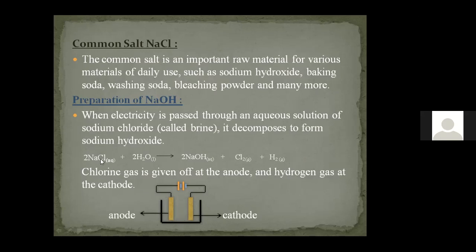Whereas the Cl- ion moves towards the positively charged electrode, because negative ions are attracted towards the positive electrode. So the chloride ion moves towards the positive electrode and is liberated as chlorine gas. And the H+ ion formed from the water molecule, a positively charged ion, moves towards the negative electrode, and there it is liberated in the form of hydrogen gas.